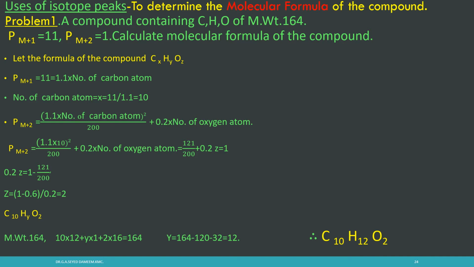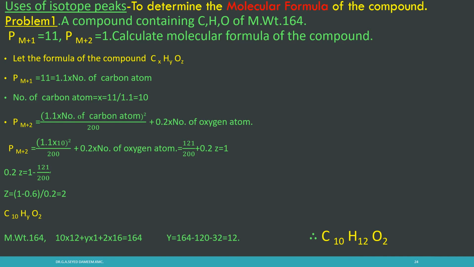To determine the number of hydrogen atoms in the formula, the molecular weight 164 is used. The total molecular weight is 10 carbon atoms times the atomic weight of carbon, 12, plus the number of hydrogen atoms, let it be y, times the atomic weight of hydrogen, 1, plus the number of oxygen atoms, 2, times the atomic weight of oxygen, 16.